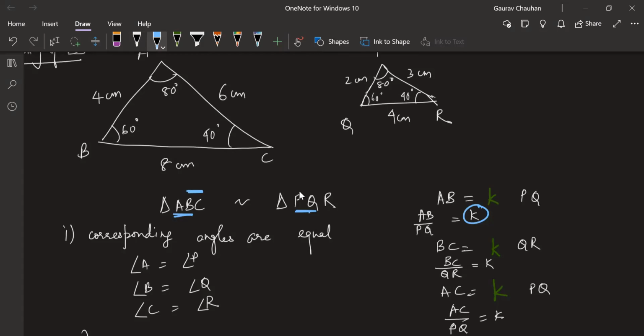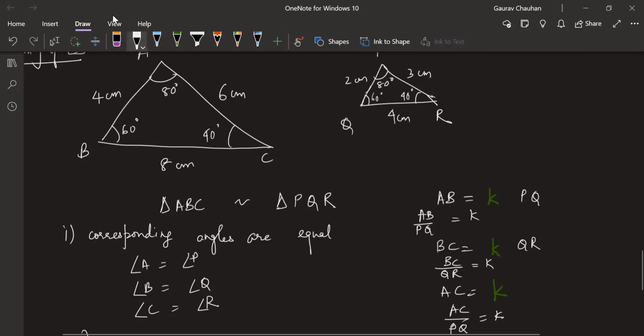In the same way, if I do BC by QR, I'm getting K again. And if I do AC by PR, it's got to be PR, sorry, I just messed this up, my mistake.